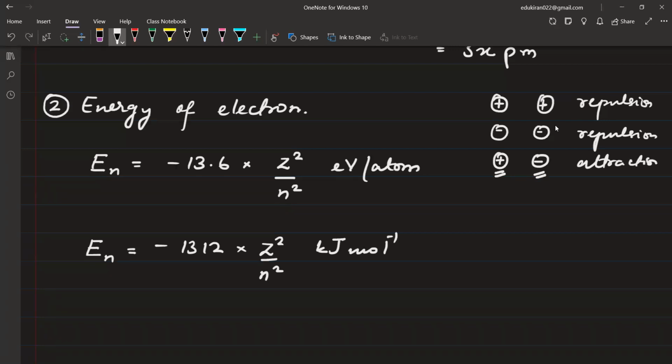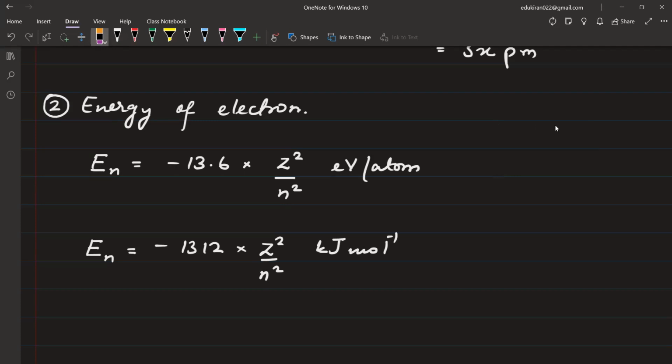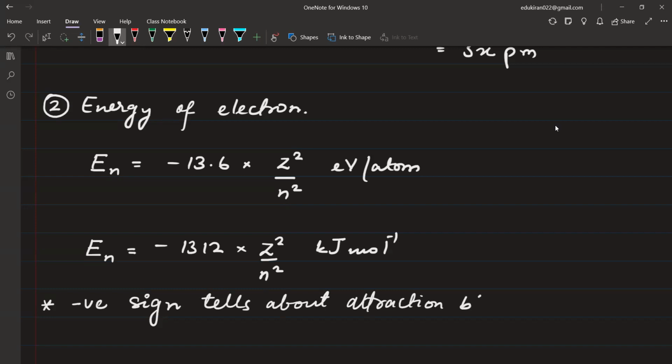Did you understand? What is the negative sign telling? Only and only it is telling you about the attraction between electron and proton. Negative sign tells about attraction between nucleus and electron. So the higher this value, the greater the attraction. Negative sign does not mean less or more; the negative sign is telling about the attraction.